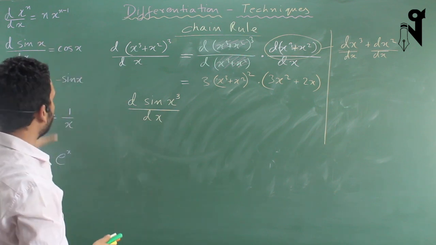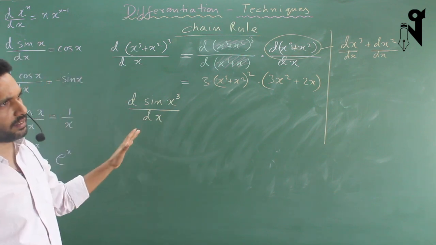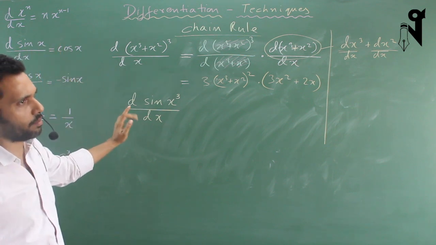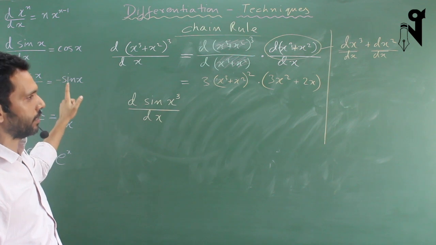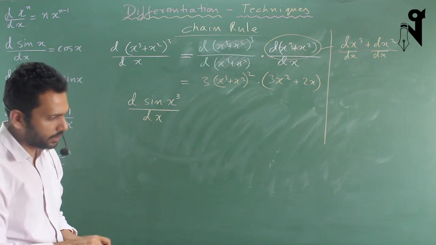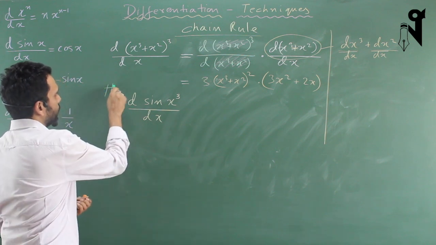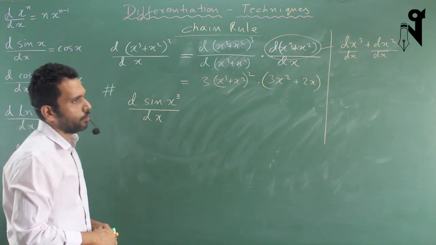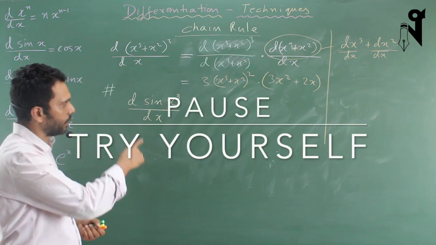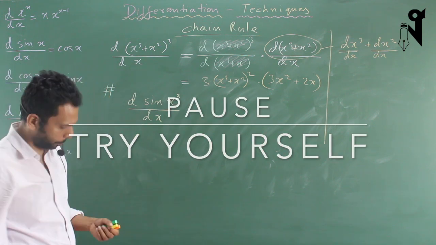Does it match any of the formula? It doesn't. Is it somewhat like some of the formula? Yes, it is. But does it match any of the formula? It doesn't. So what's the first step? I'll give you half a minute to do it. Pause your video and then come back and see what I'm doing.